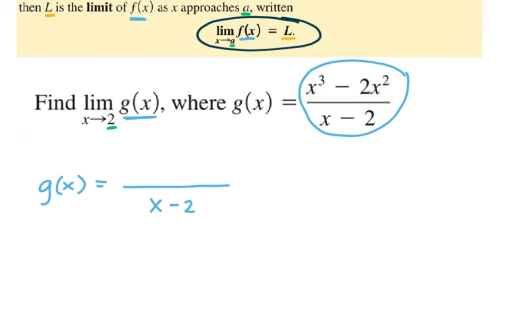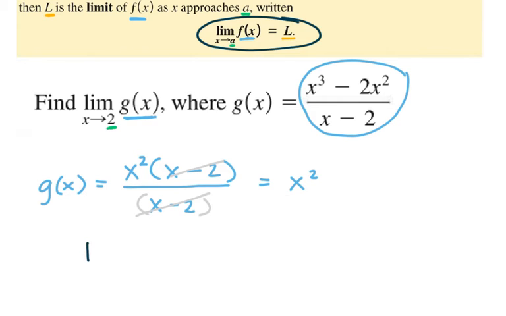Now, I can't do anything with my denominator, but I do notice I can factor a GCF of x squared from the numerator. So that leaves me with x squared times the quantity x minus 2. Now, I don't have parentheses around my denominator, but you should all recognize that those are common factors and cancel. So this function, g of x, reduces to the function x squared.